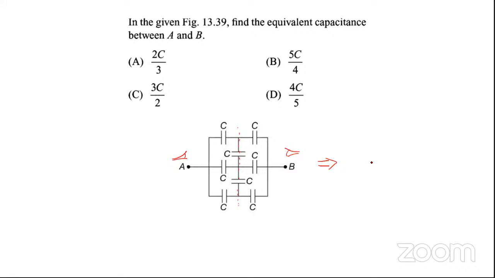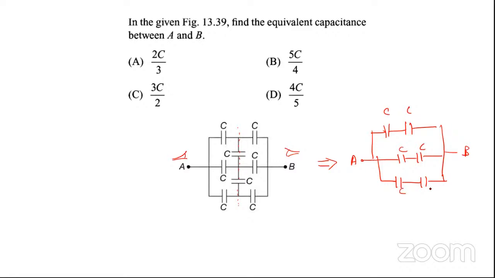So this simplifies to, all right, this is C, C, C, C, and C, C. If you simplify this further, now it is very simple.